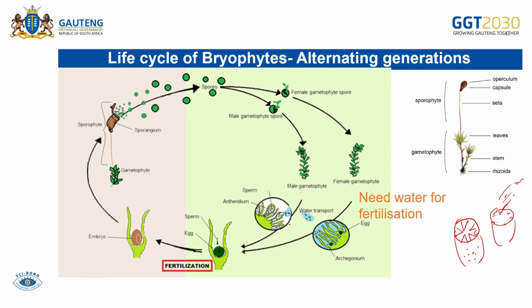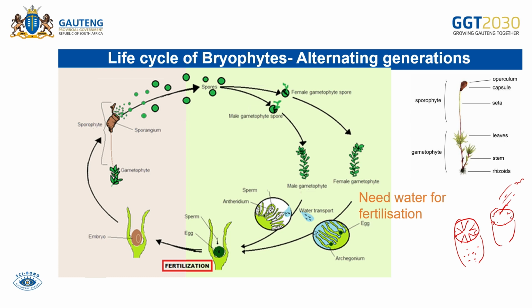Here you can see now that the water is there and your sperm cells have swum from the antheridium to the archegonia. It goes down, and here's your archegonia, which has the egg cell, and then the sperm cell will fuse with the egg cell to form a diploid zygote, which is the embryo.